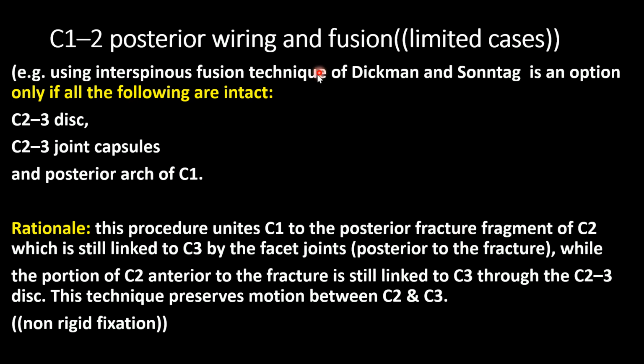C1-2 posterior wiring is non-rigid fixation. It is sometimes used if C2-3 disc is intact and C2-3 joint capsules are intact and the posterior arch of C1 is intact. And this procedure unites the C1 to the posterior fracture fragment of C2, which is still linked to C3 by the facet joint, and the anterior part is linked together by the disc.